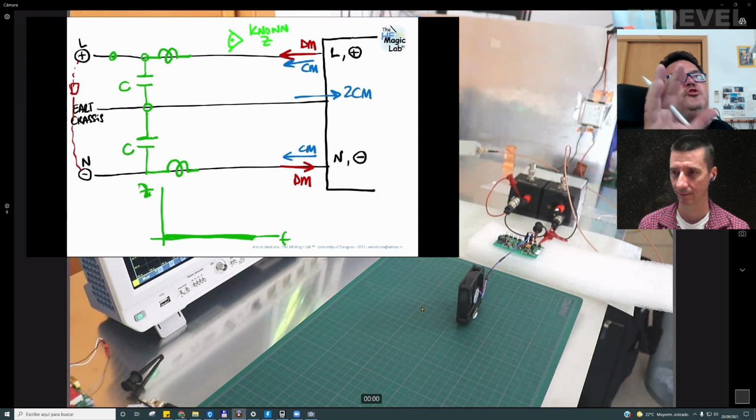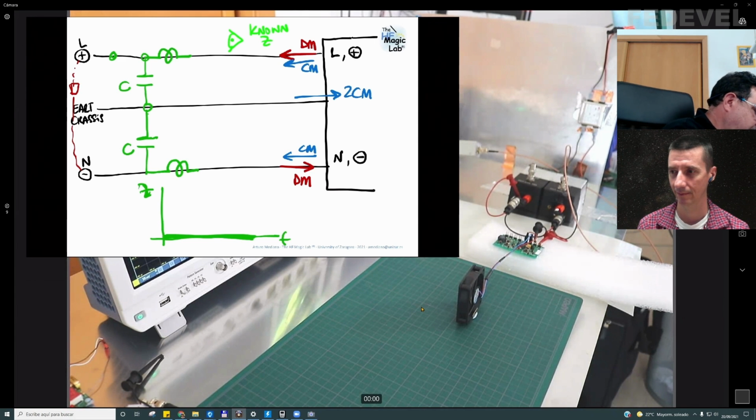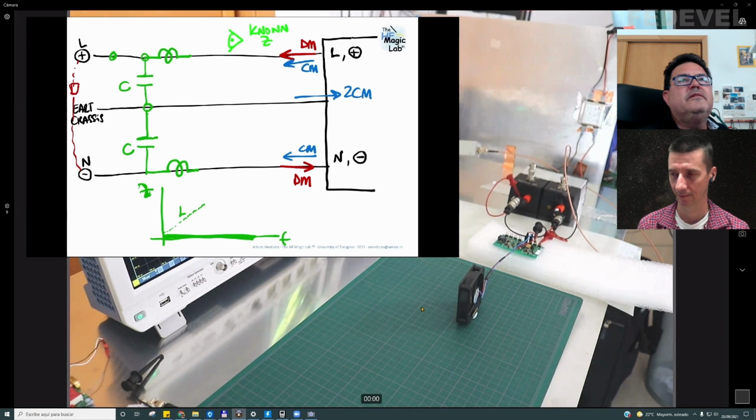Look at this, I am introducing 2 inductors, and this inductor creates this effect. It's increasing, and the increase of the value would go to infinity. I don't want to go to infinity, I want to have less. With a resistor, I will control the maximum impedance of this inductor. But consider that it's increasing.